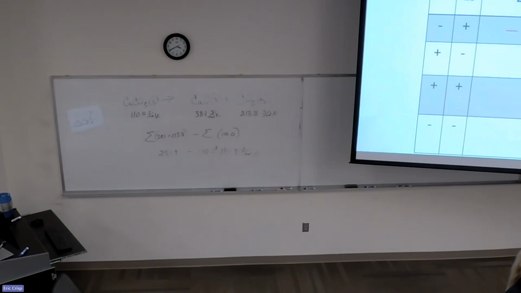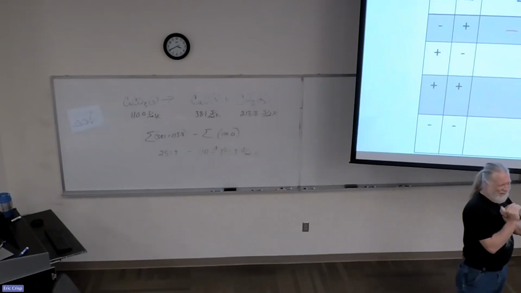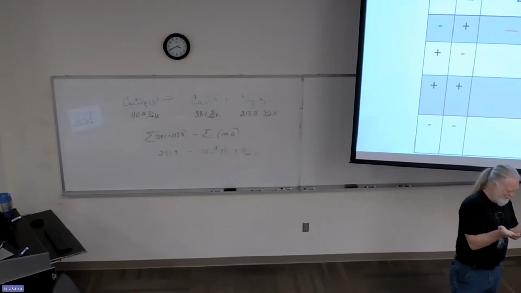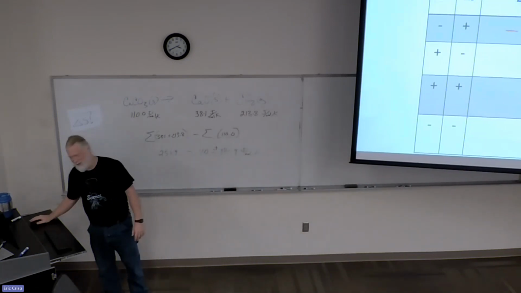No temperature time. But the temperature times delta S, yes. Okay, so positive minus a negative is positive plus positive. It has to be positive. Makes sense? Thank you. Lori said thank you.